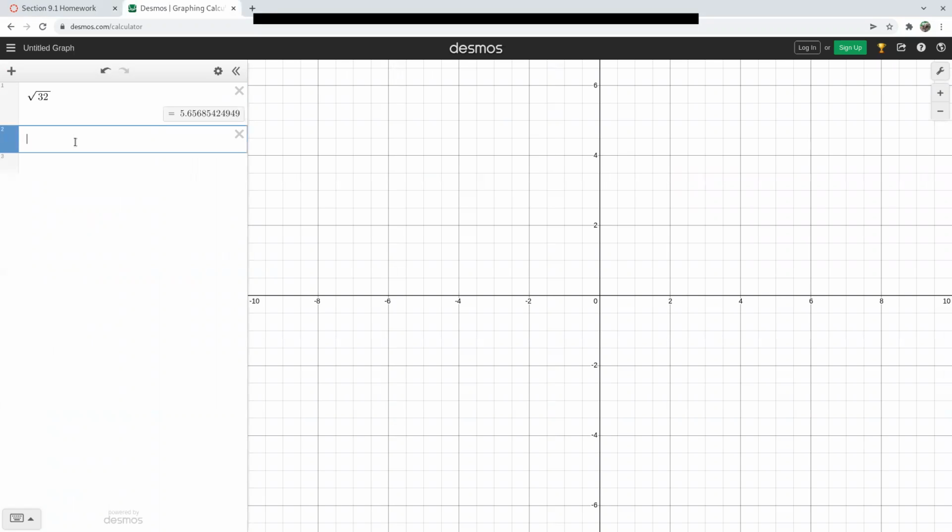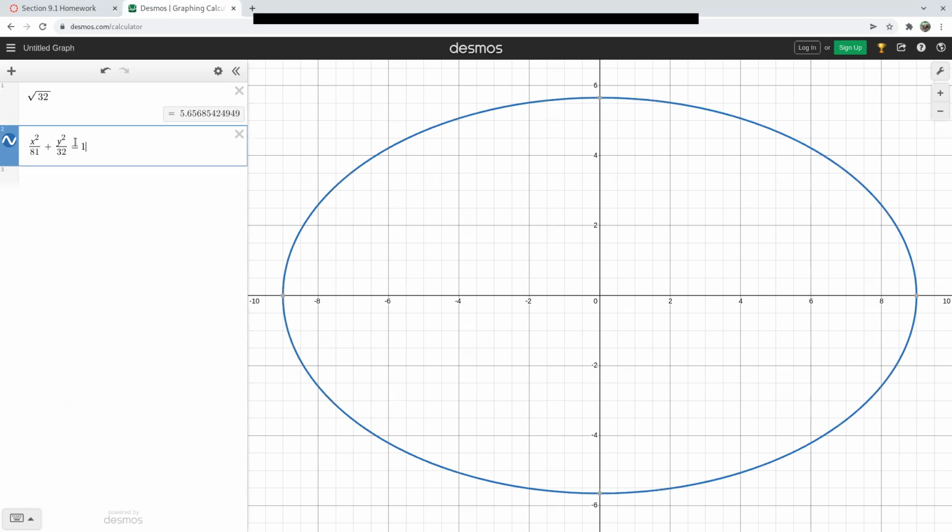We're going to need the graph to figure out the foci. So we have our x squared over 81 plus y squared over 32 equals 1. So there's my ellipse right there.